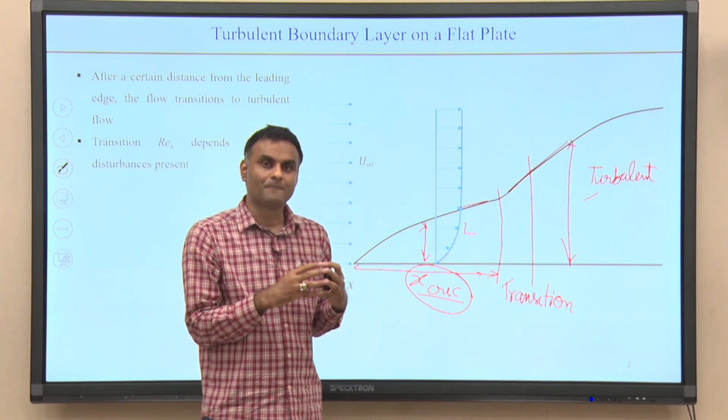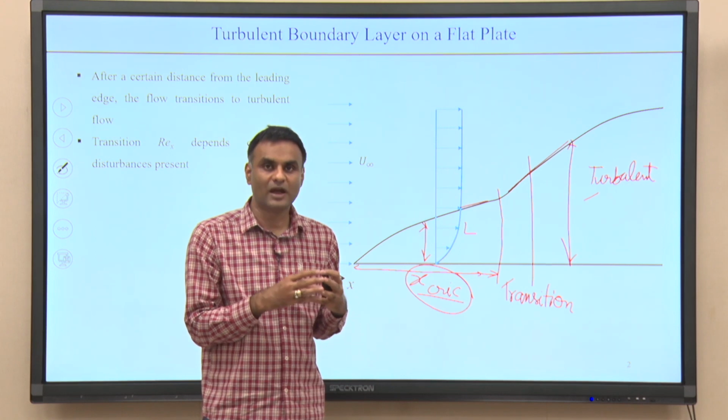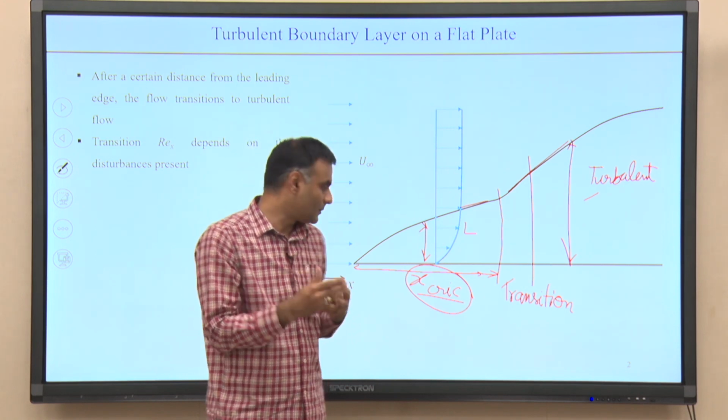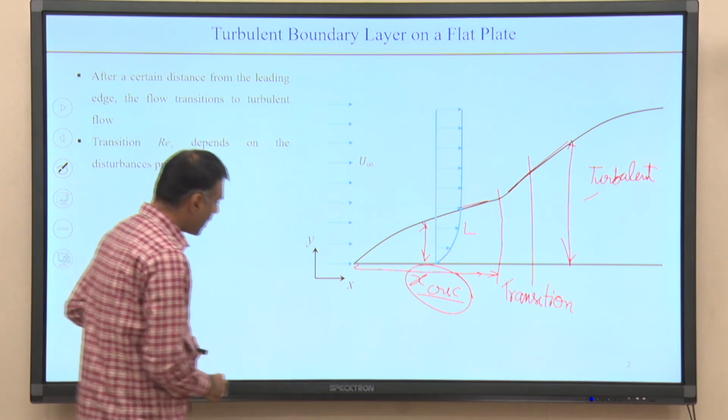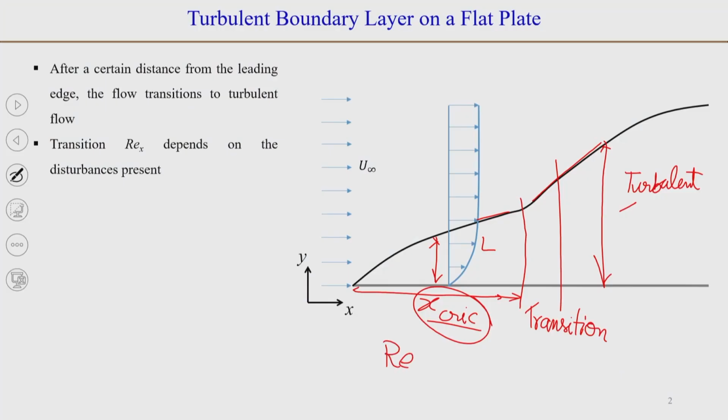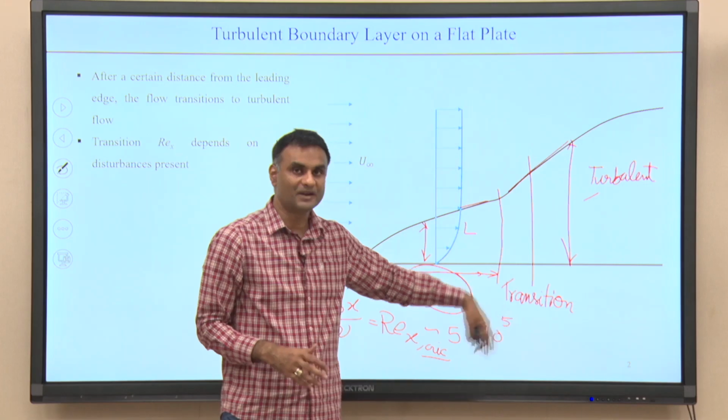In general, the number that is accepted or quite often quoted is Reynolds number, say Rex, of 5 into 10 raised to the power 5, which is considered to be the critical Reynolds number based on x. So, this Rex is basically u infinity x divided by nu, where nu is the kinematic viscosity. So, that is the number generally used.